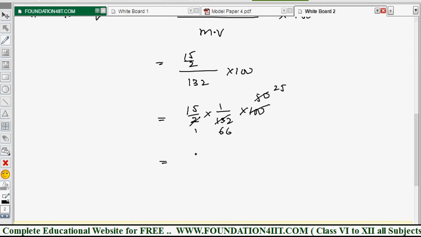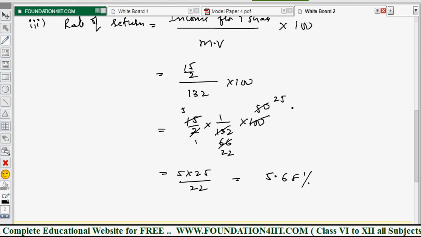Just calculate and multiply, you get 5 into 25 by 22. So that is 5.68 percent. This is the rate of return. If you apply the formula, it's easy to solve.